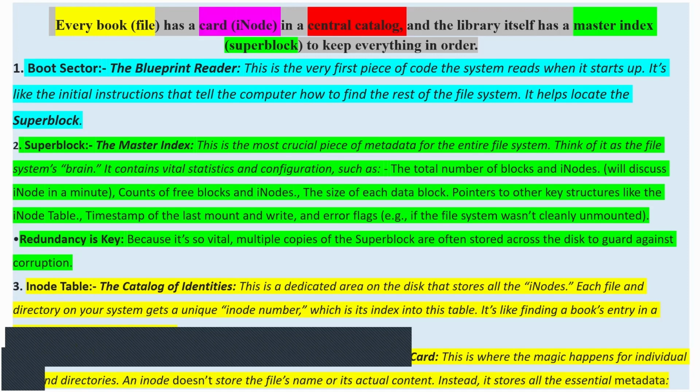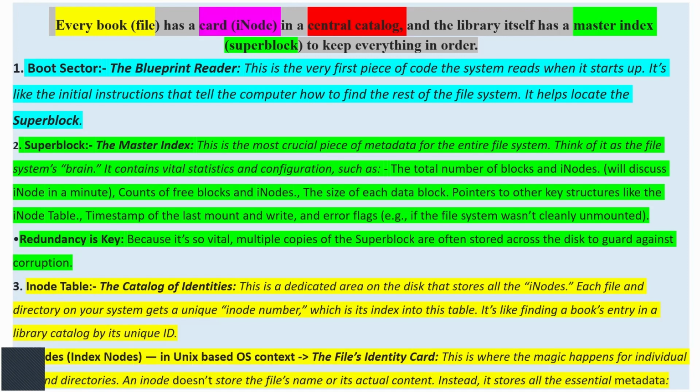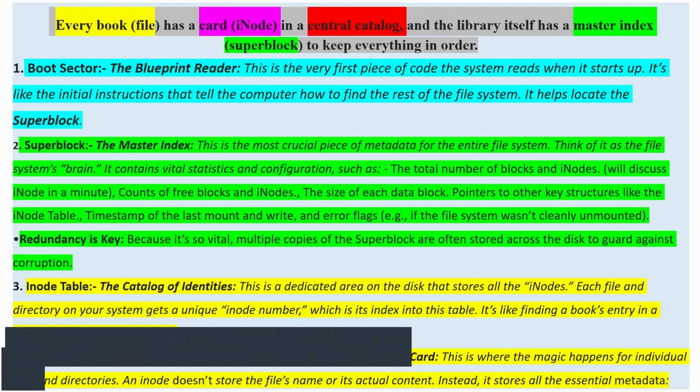It contains vital statistics and configuration such as the total number of blocks and inodes, counts of free blocks and inodes, and the structure like the inode table. Timestamp of the last mount, and error flags if the file system was not cleanly unmounted, right? So this is how we can say.